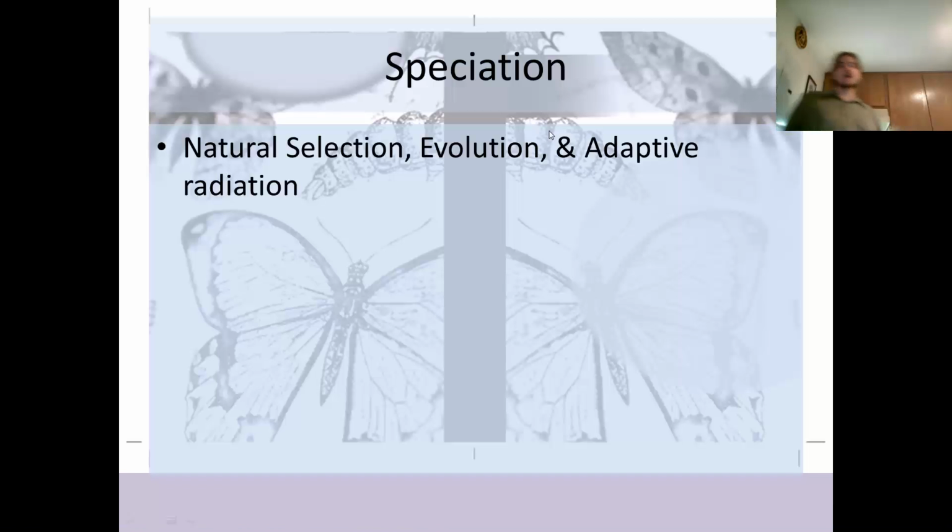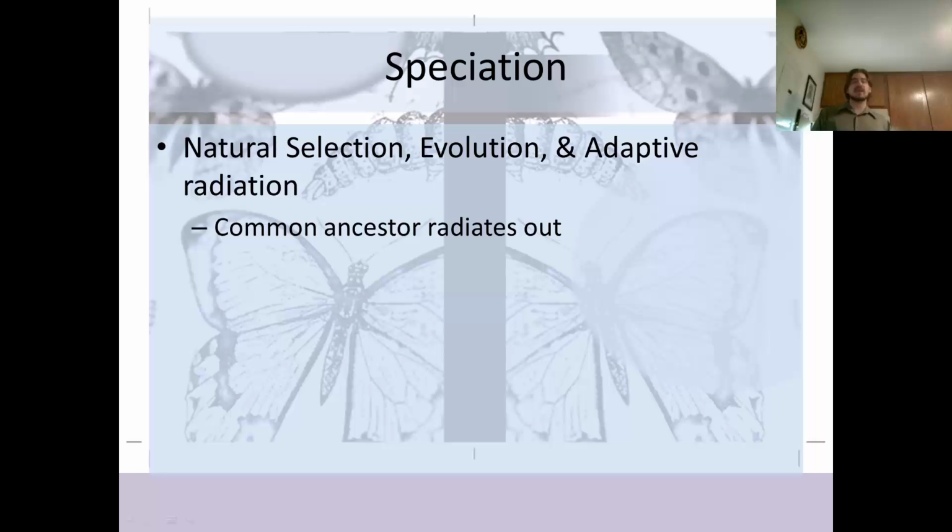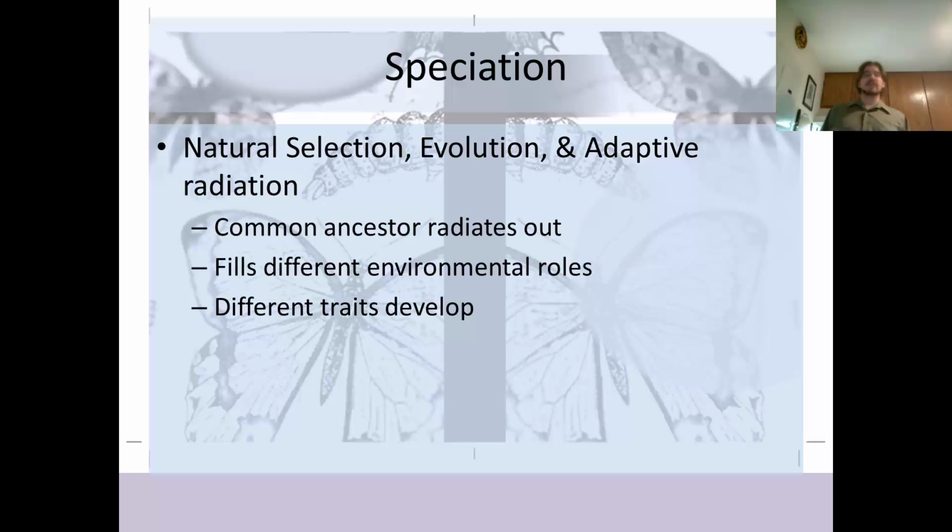And the question becomes, how do you get from one species to another? Speciation is the term for when one species becomes another. And it's produced through evolution by natural selection and adaptive radiation. Basically, a common ancestor goes into new environments, adaptive radiation occurs, and it fills different environmental roles and different traits develop.